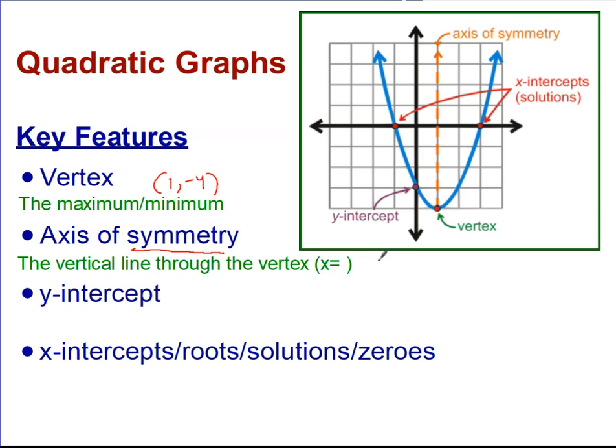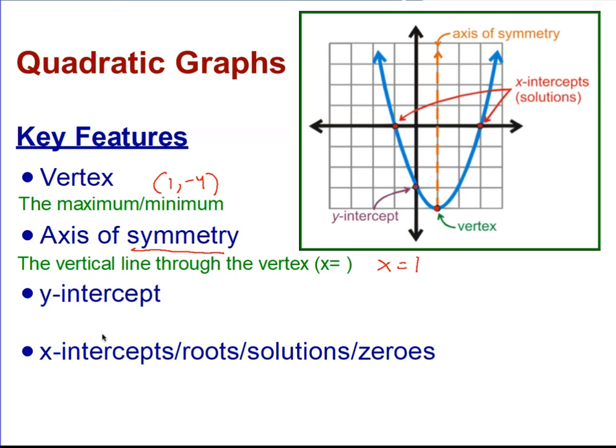And we always write it as x equals some number, and that number is the x-coordinate of your vertex. So in this case, our vertex was at (1, -4), so our axis of symmetry is at x equals 1. Not a particularly challenging thing to find. Just find your vertex. The axis of symmetry is just x equals whatever the x value of that vertex is.